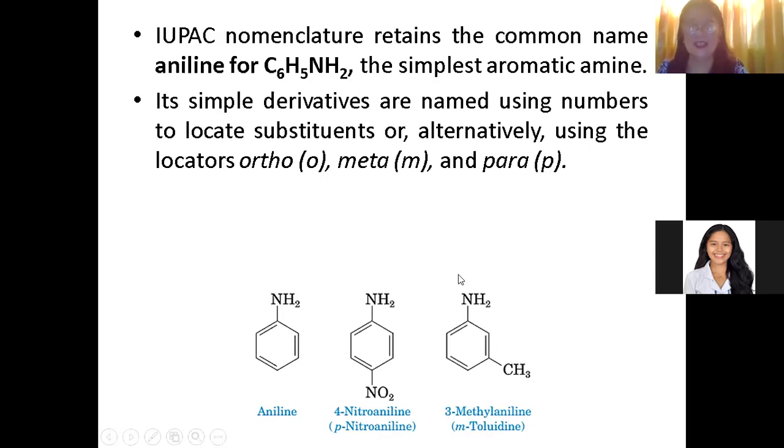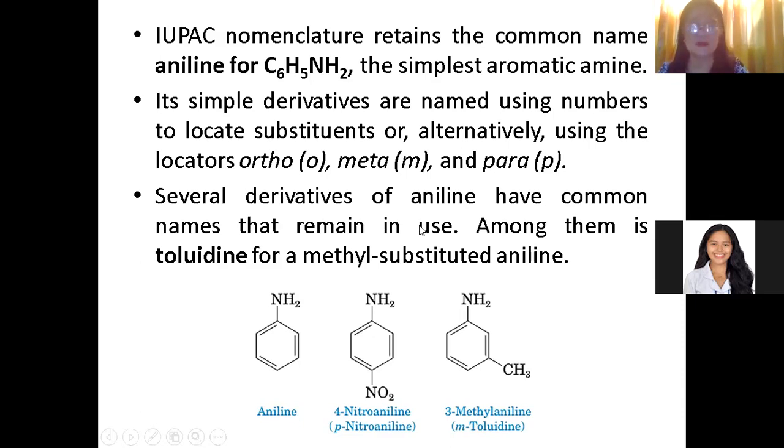Okay, so that is how you are going to name the IUPAC way if and when it has the ring. Okay, so several derivatives of aniline have common names. So these are known as common names. This is the nitroaniline, the para-nitroaniline, the aniline, the meta-toluidine.